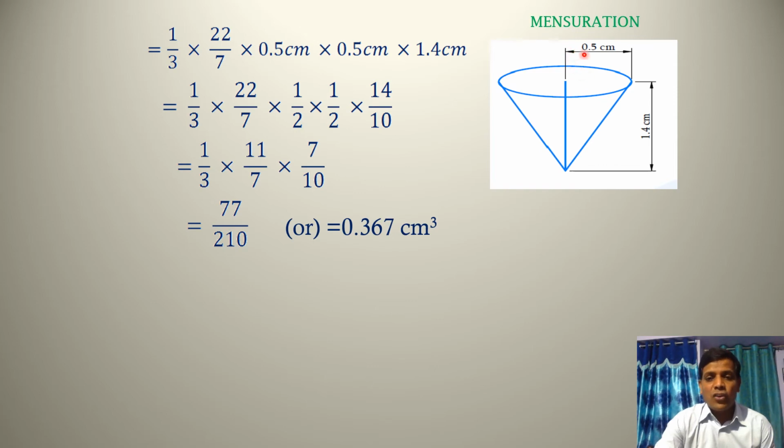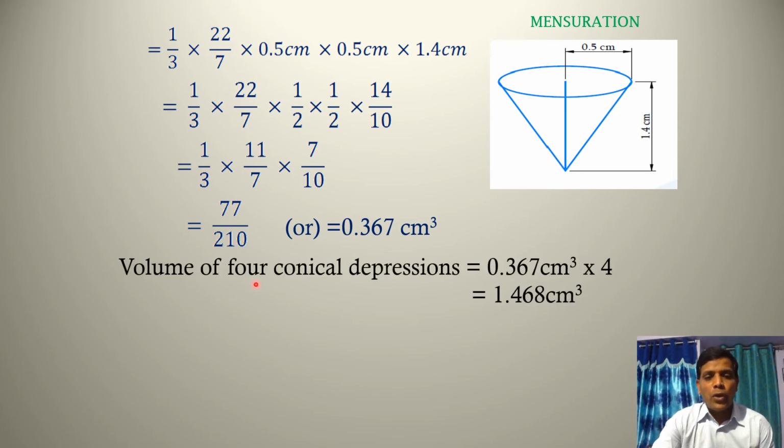Here the radius equals 0.5 and the depth of the conical depression is 1.4 centimeters. Very clear? 0.367 centimeter cube is the volume of one conical depression. Now, 4 conical depressions are there. The volume of 4 conical depressions equals 4 into 0.367 centimeter cube.